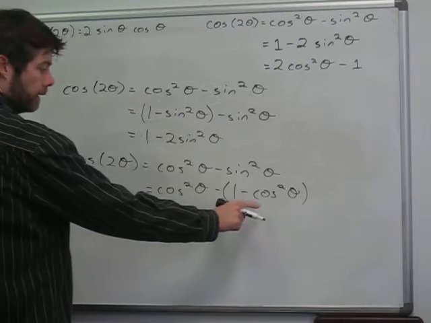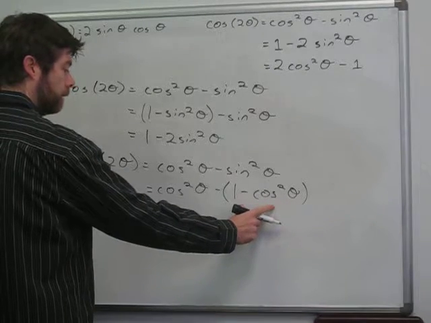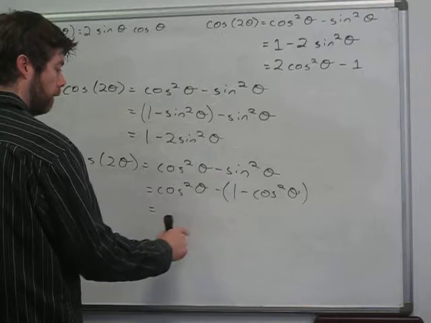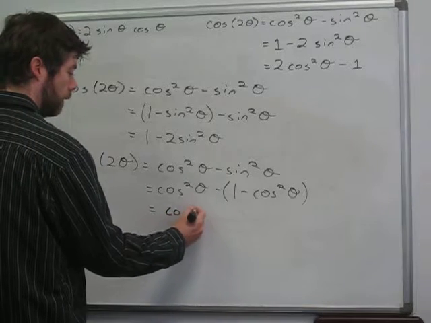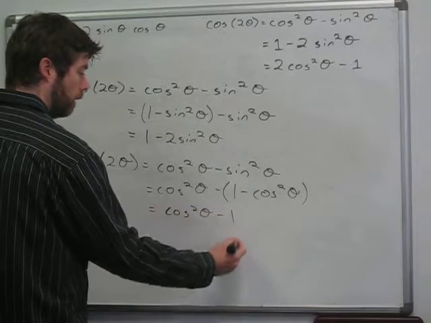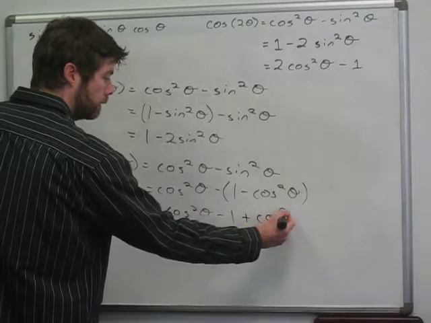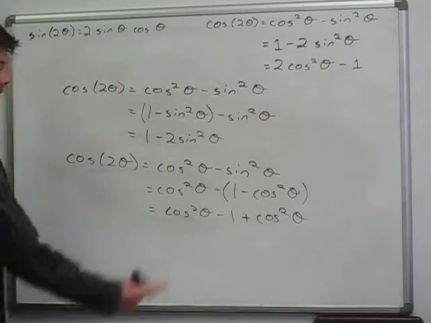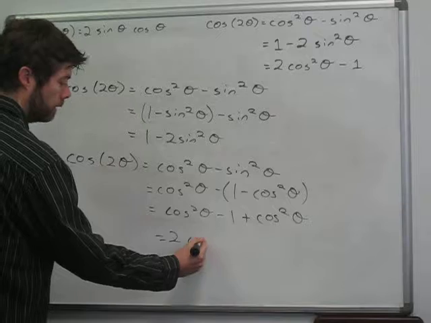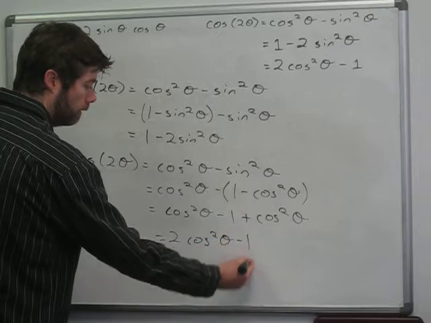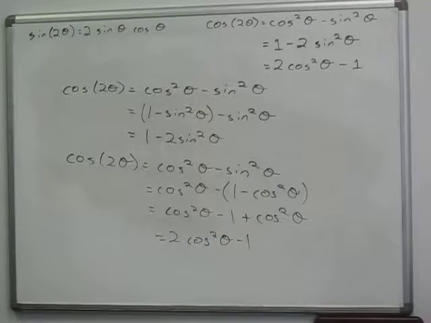And when I subtract these terms here, right, distribute the negative 1, so I have cosine squared theta minus 1 plus cosine squared theta, which gives me 2 cosine squared theta minus 1. So these double angle formulas we see really coming from the angle sum formulas.